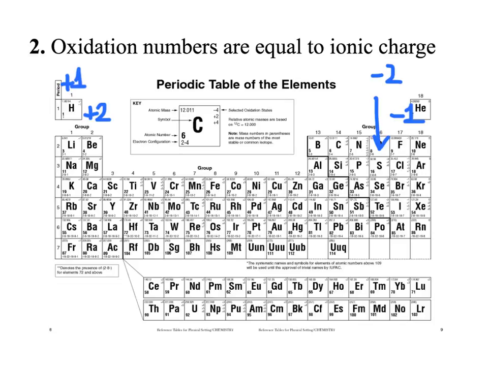There are very rare cases of exception when oxygen is -1, it's in peroxides. In this case, oxygen is -1 and hydrogen is +1. But these cases are very rare. Usually, whenever you see oxygen in combination with other elements, the charge of the oxygen would be -2.